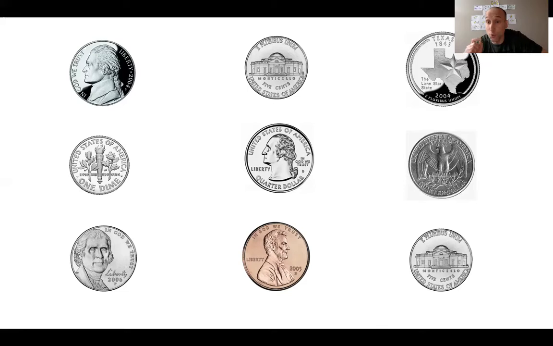All right, on this one, what I want you to do, point to all the nickels, all the coins that are worth 5 cents. We know that a nickel is worth 5 cents. Which one of these coins are nickels? Go ahead and find it.